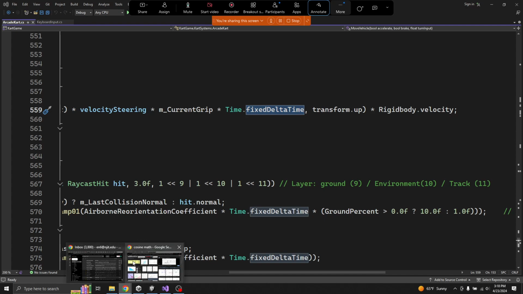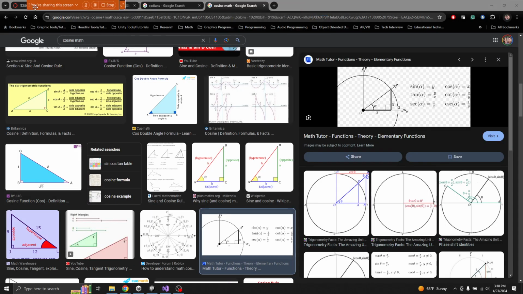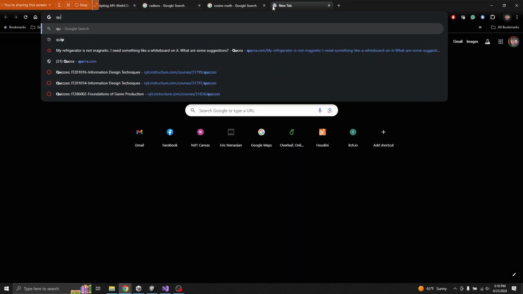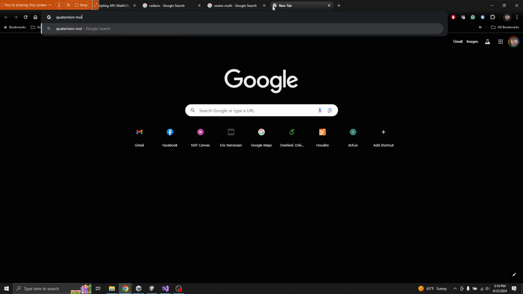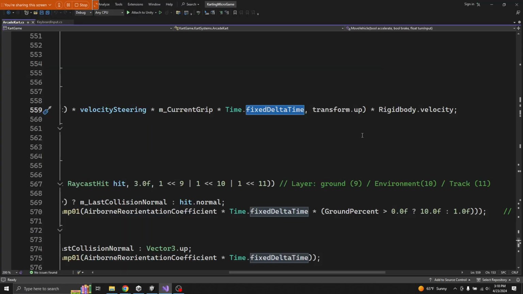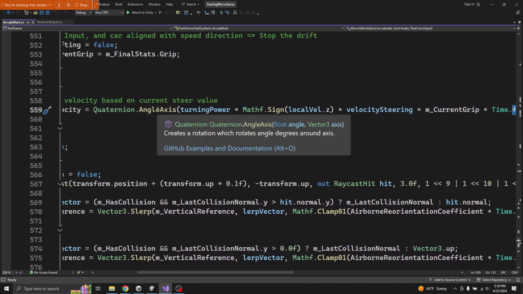Which I thought you can't do. Let me just look at the quaternion real quick, because I thought you can't multiply a quaternion by a vector. Usually you convert the quaternion. Okay, so this must be shorthand. Notice this whole thing evaluates to a quaternion.